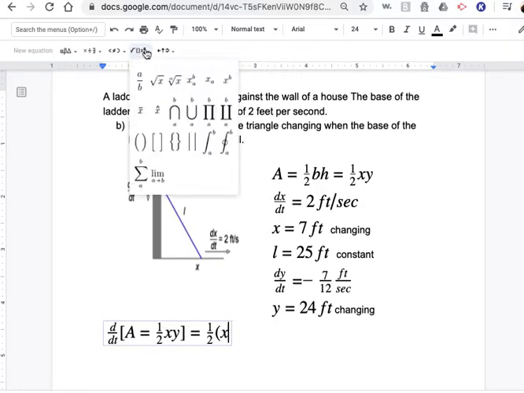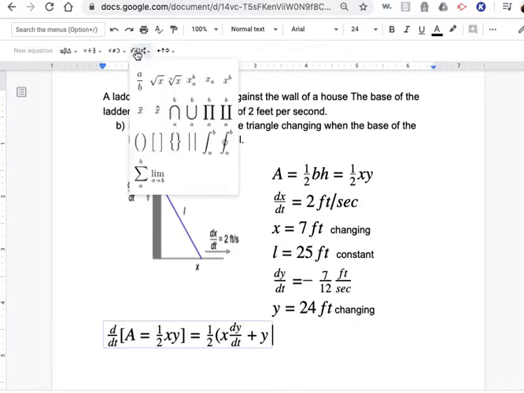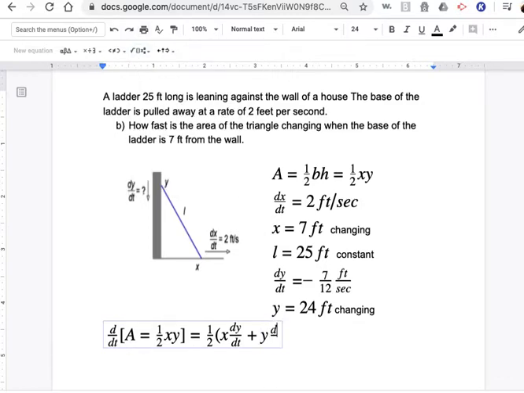So that's going to give us x dy/dt plus our second factor, y, times the derivative of our first factor, which is dx/dt. And there's our derivative, ladies and gentlemen: dA/dt equals 1/2 times x dy/dt plus y dx/dt.